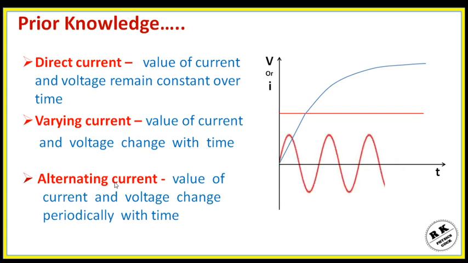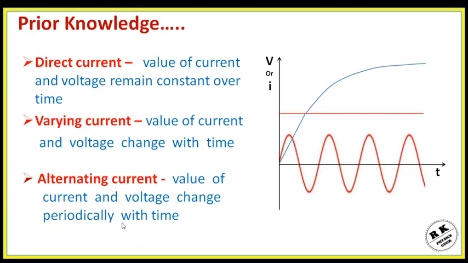The amplitude remains constant. The amplitude means the maximum value, but the instantaneous value is varying with time. Such currents are called alternating currents. In the newly introduced chapter, we are going to discuss these things, varying as well as alternating currents.